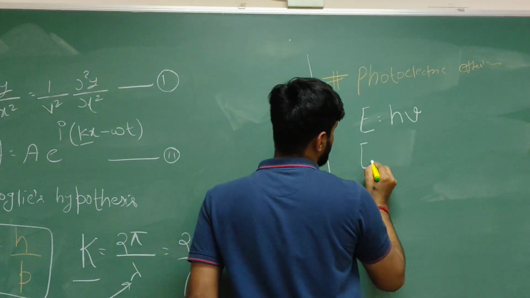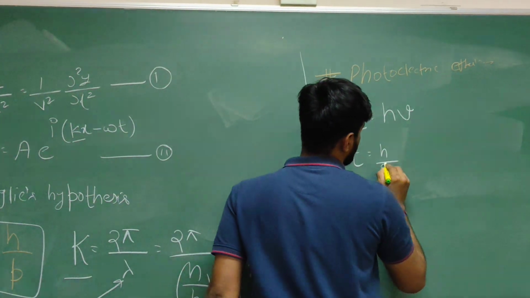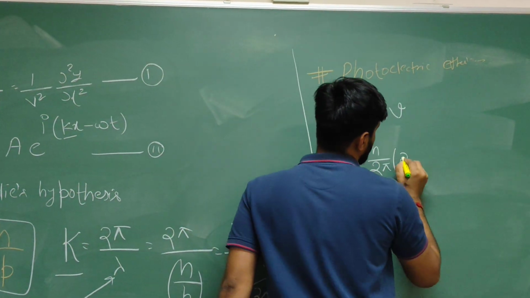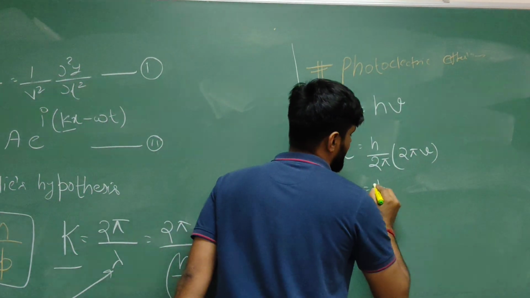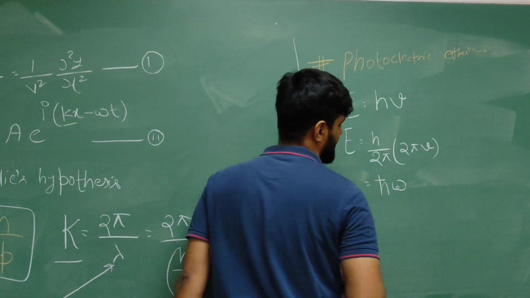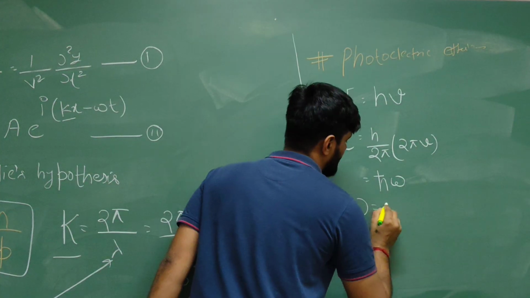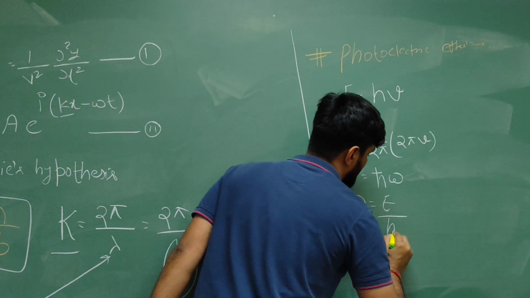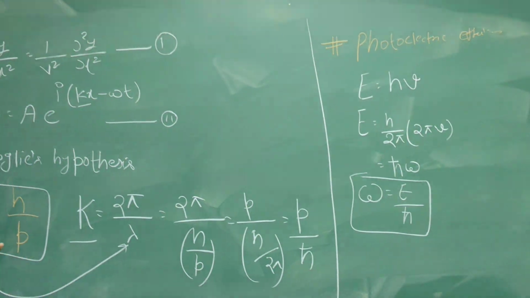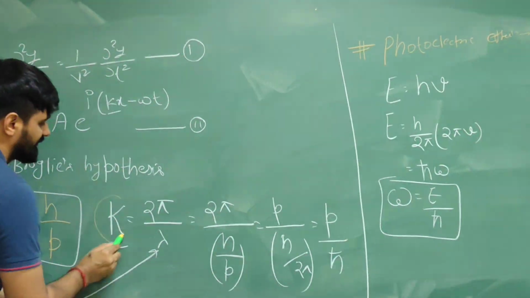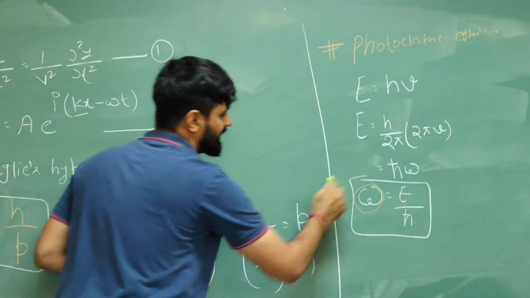This can also be written as h divided by 2 pi, multiplied by 2 pi nu, so h bar, and 2 pi nu will be omega. From here we can calculate omega, which equals E divided by h bar.